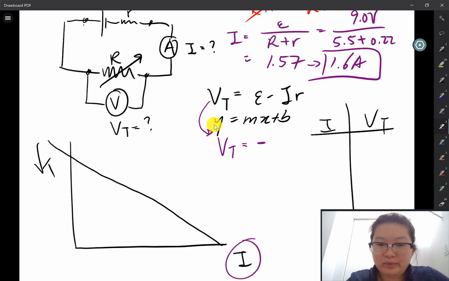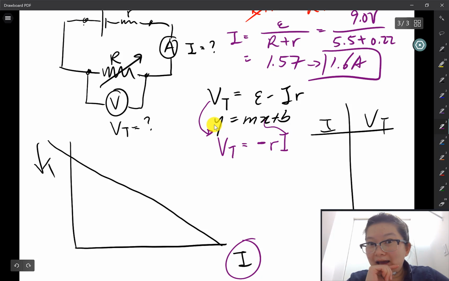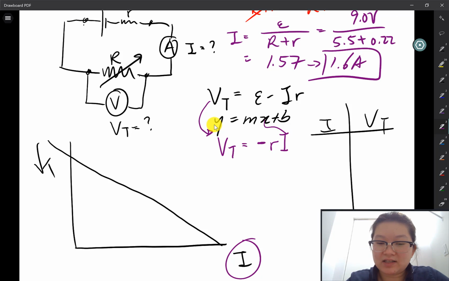I'm actually going to put the r first, the I second, to match the fact that the I is indeed your x. So that's going to tell you very much, because look, based off of y equals mx plus b, this small internal resistance is your slope. Interesting, hey? If everything all works out.